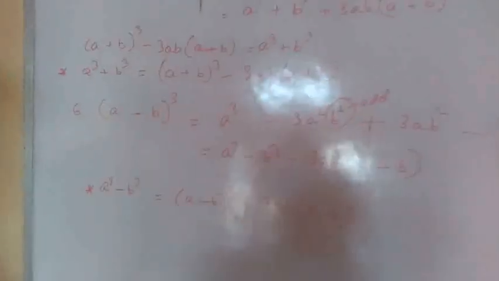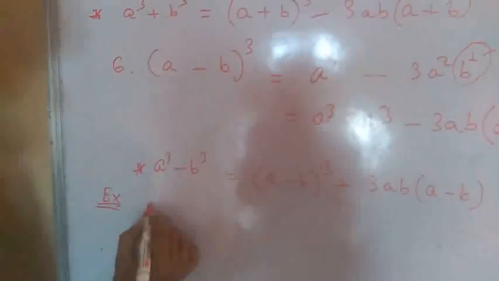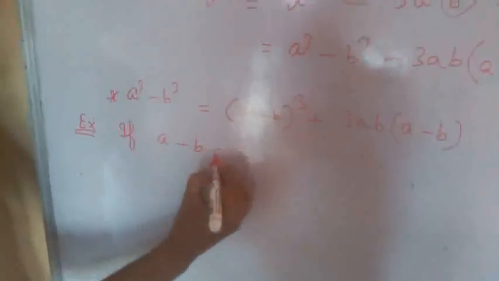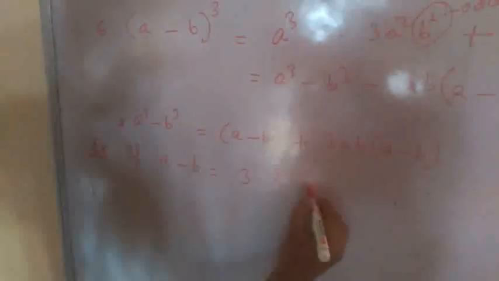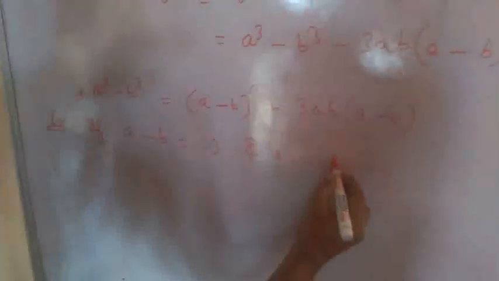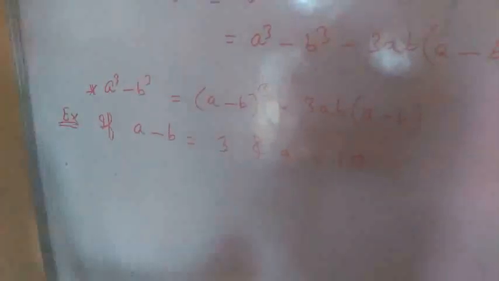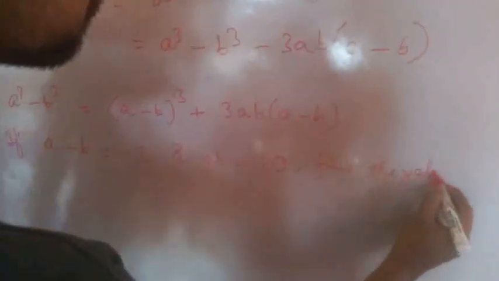For example, if I give you one example, suppose a minus b equal to 3 and ab equal to 10, and you are asked to find the value of a cube minus b cube.